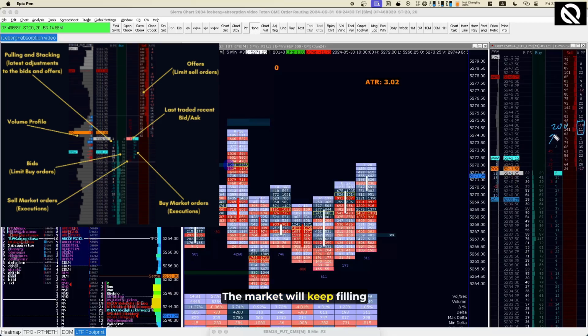The market will keep filling these orders and the market will not move higher, okay? So in this case, you will see like 400 executed orders, although this was 200, 300, okay? So they keep refilling this iceberg right here. The market is not moving higher, okay? So this is how you can identify it on the recent bid ask and what it's going to look like.